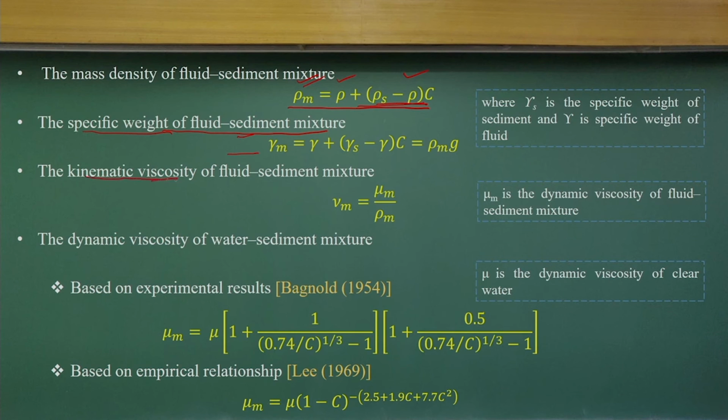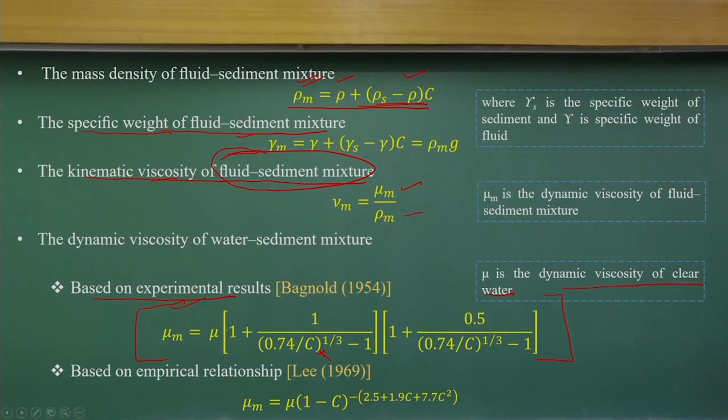For the kinematic viscosity, for fluid and sediment mixtures we can also define it like in fluid mechanics, the dynamic viscosity divided by rho. The dynamic viscosity, from experimental results, has been established as a function of capital C. Here mu stands for the dynamic viscosity of clear water.